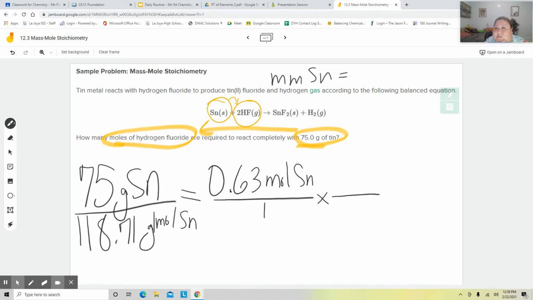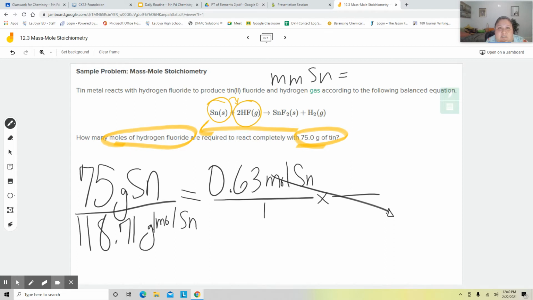So anytime we're doing mole ratio, we need to draw a line, a times and then a line. Because dimensional analysis is the only way to change moles of tin into moles of hydrogen fluoride. So I put times, a line, and then I draw my arrow to help me remember where moles of tin need to go in order to cancel.